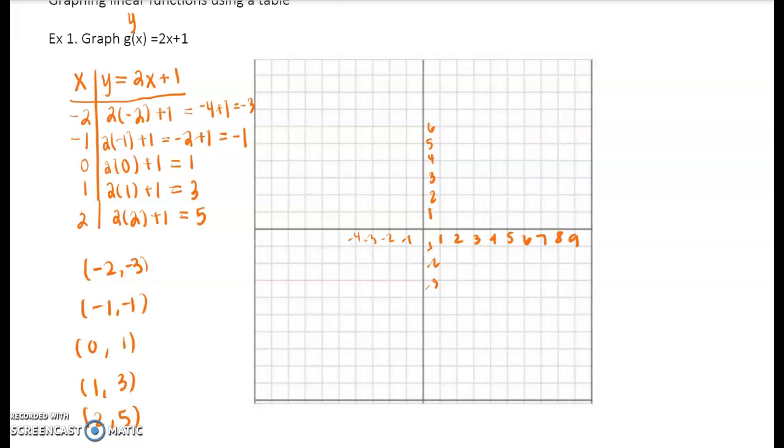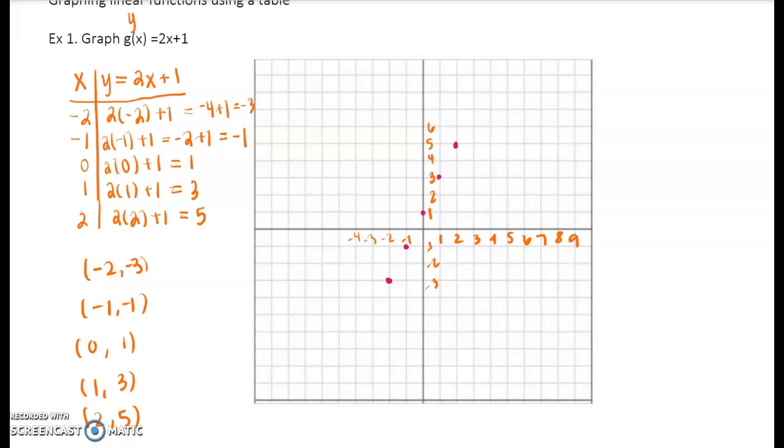All right, so our first one is going to be -2, -3. So you go -2 and -3, -1, -1, 0, 1, 1, 3, then 2, 5.